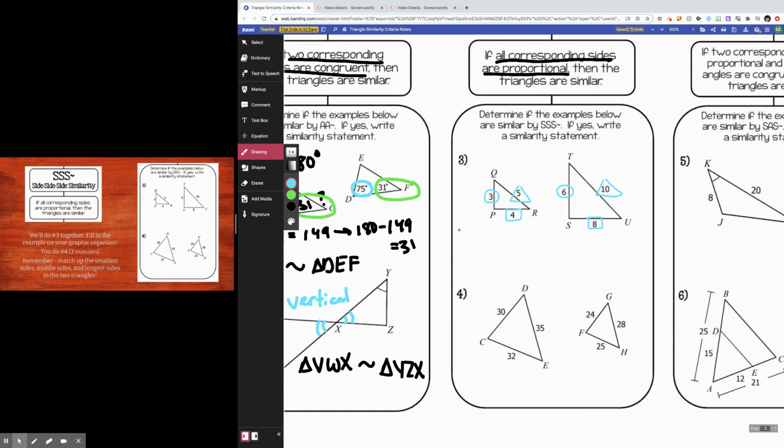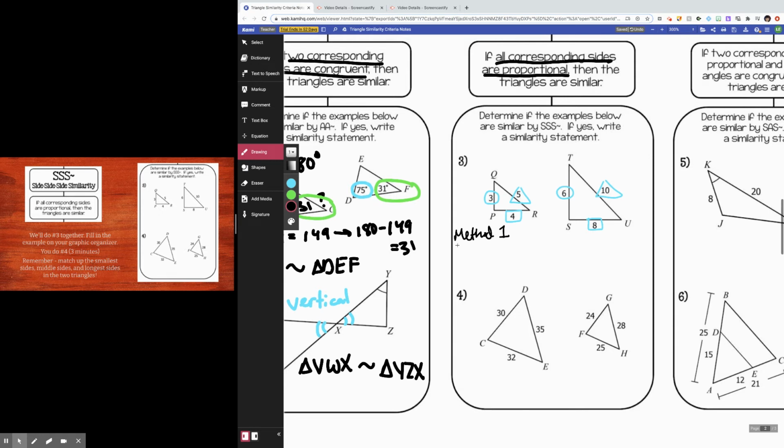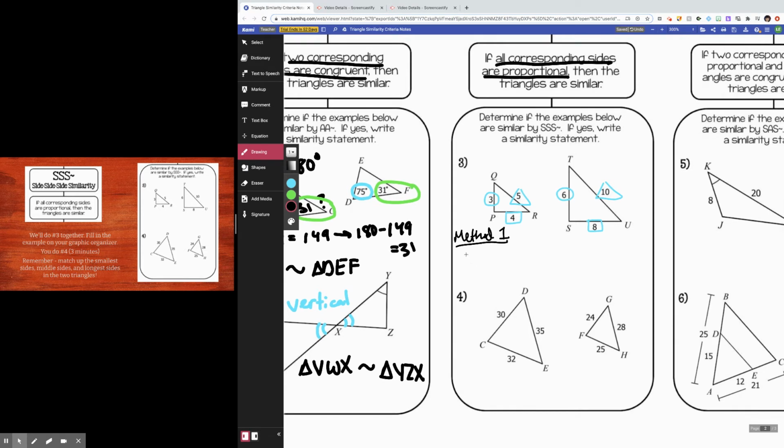This is method one, which is reducing the fractions. So I'm going to write my three fractions: 3 out of 6, 4 out of 8, and 5 out of 10.